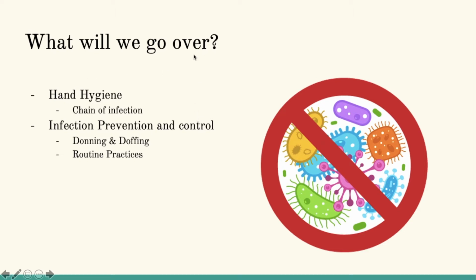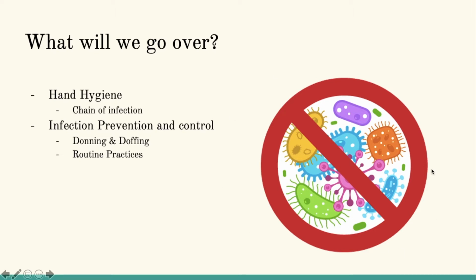So what does it take to get an infection and how to prevent it. And then we're also going to talk a little bit about infection prevention and control, things like donning and doffing procedures and routine practices. Everything we're going to talk about is aimed towards reducing transmission of microorganisms.